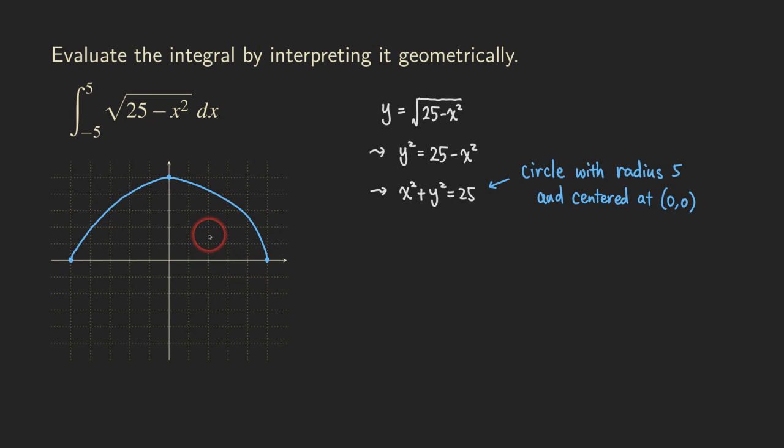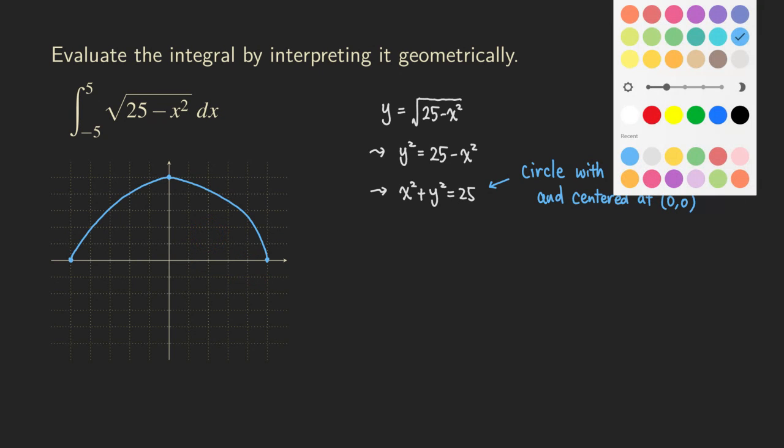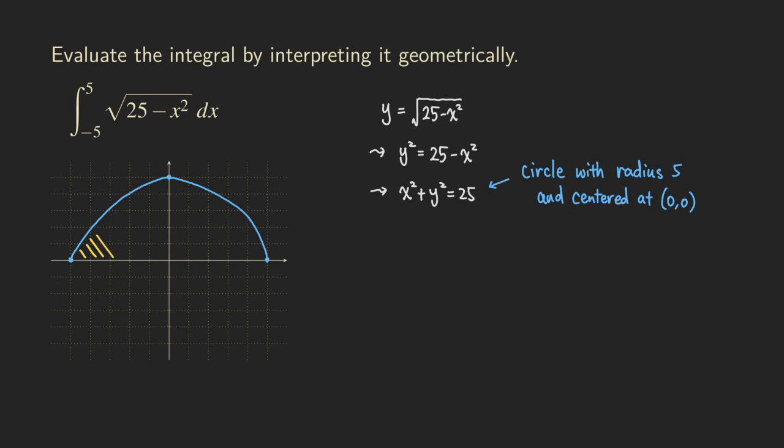x-axis. And so our goal here is to find the area that's bounded by the semicircle, this shaded region, and the x-axis. And this is really just a half disk.